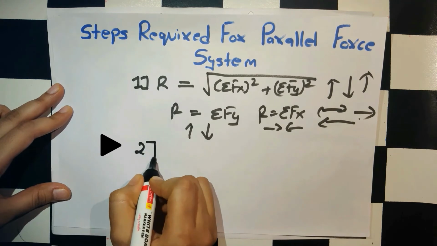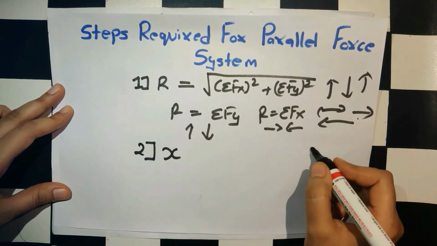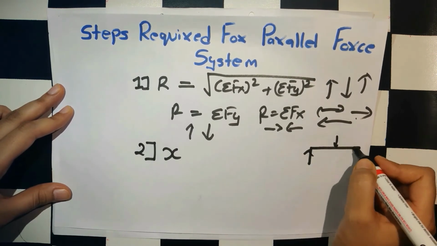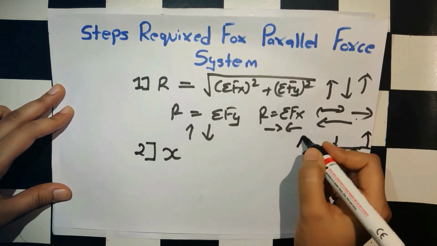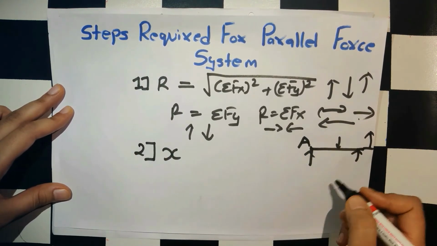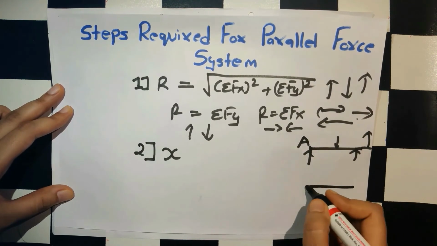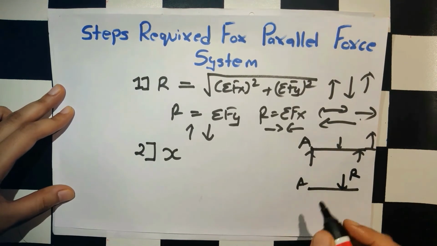And the next thing that we found out was x. Now what do you mean by x? When all the forces were acting, they were giving a particular moment at this point A, the moment of all these forces with respect to point A. Now we should get the same moment when this R is applied to this block. Why is it so?